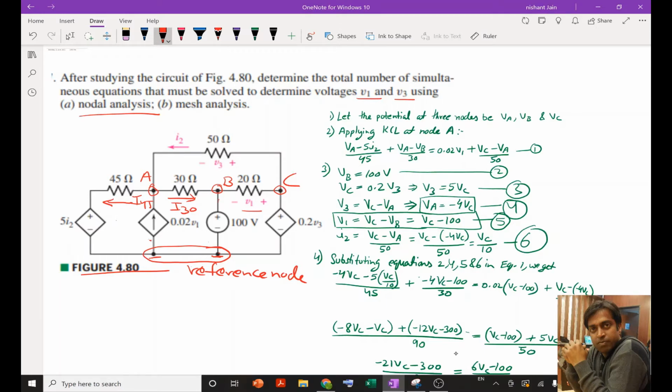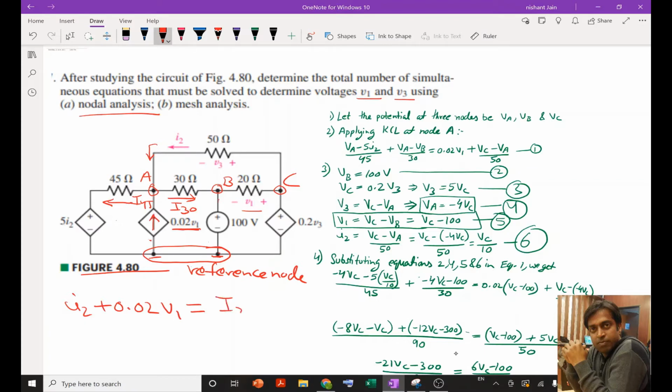One current is I2 that is flowing into A, and one current is from this source, 0.02 V1. So you can see at node A there are two currents, I2 and 0.02 V1, coming into the node. We can write on one side I2 plus 0.02 V1 equals, and there are two currents, I30 and I45, going away from the node.